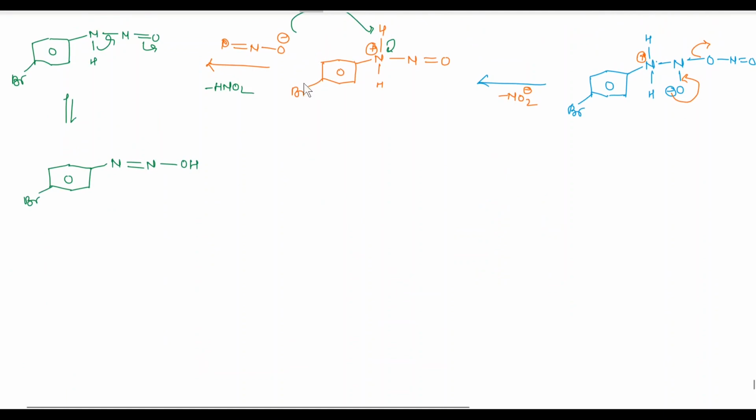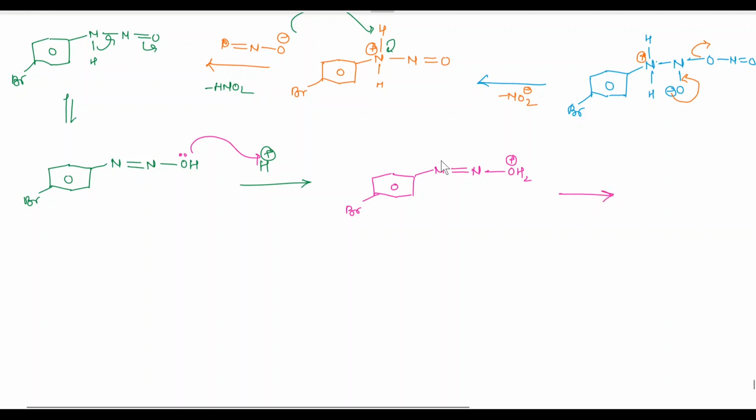In the next step, in the presence of acid, the lone pair of oxygen abstracts this proton, that is, protonation takes place, and we get nitrogen double bond nitrogen bond OH2, oxygen positive.